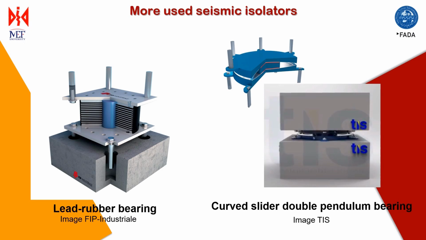Lead rubber bearing diameters are typically from 60 to 115 centimeters, and the slider bearing diameters from 15 to 20 centimeters. The difference is in the height of the device. LRBs are typically 30 to 40 centimeters tall, while VPS are 15 to 20 centimeters tall.